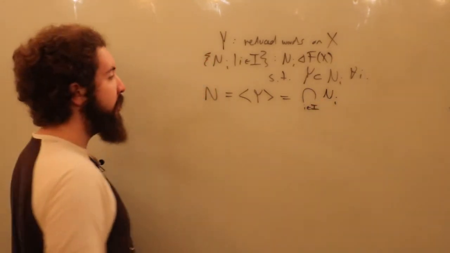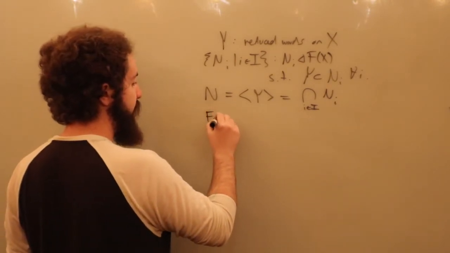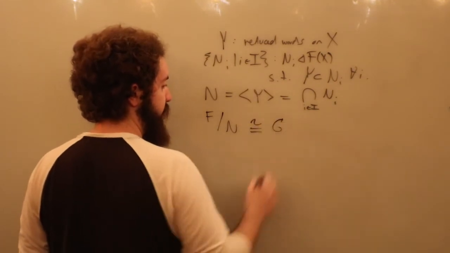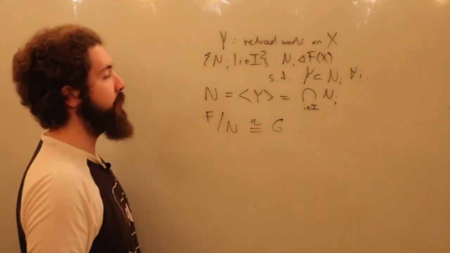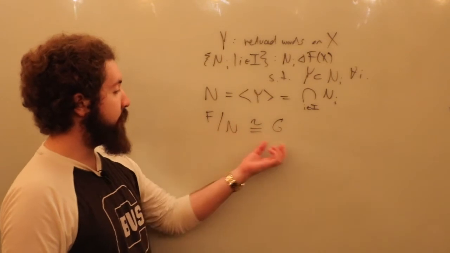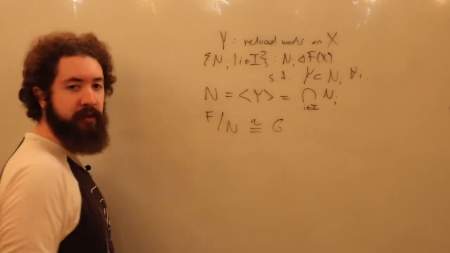Okay, now we're going to take the quotient, F quotient N, and it may turn out that this is isomorphic to G. If it turns out that this is isomorphic to G, then we have found the normal subgroup we are looking for.